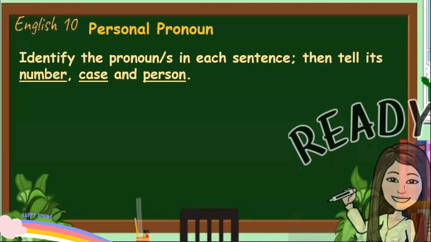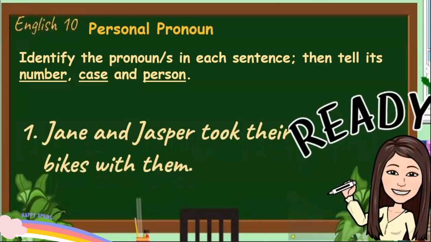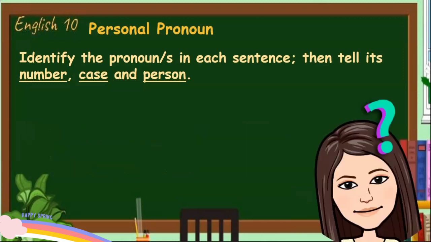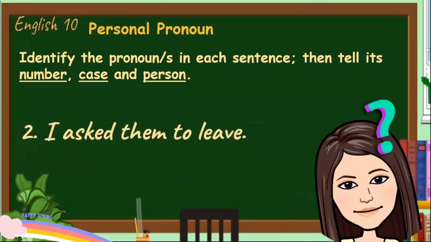Ready, number 1. Jane and Jasper took their bikes with them. Grab a pen and try to write down your answer. Next, number 2. I asked them to leave.